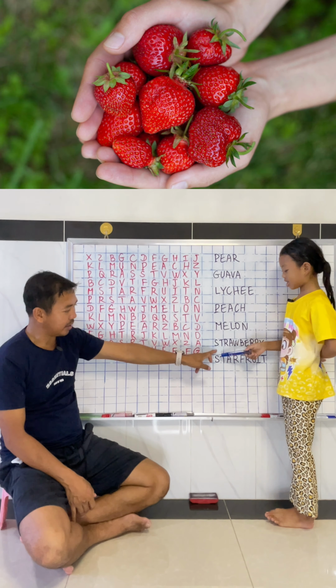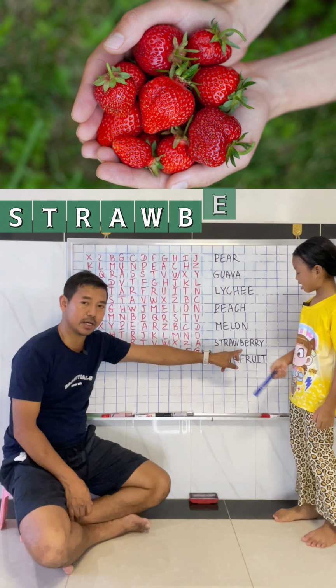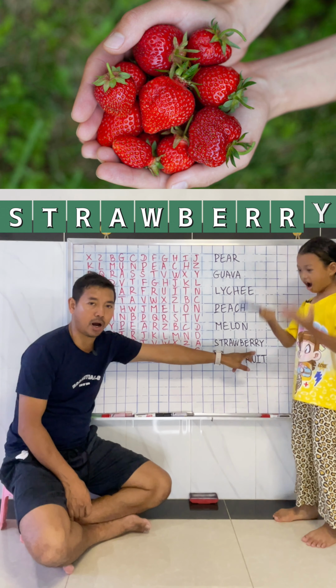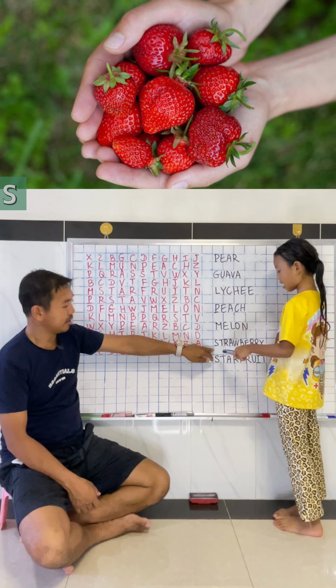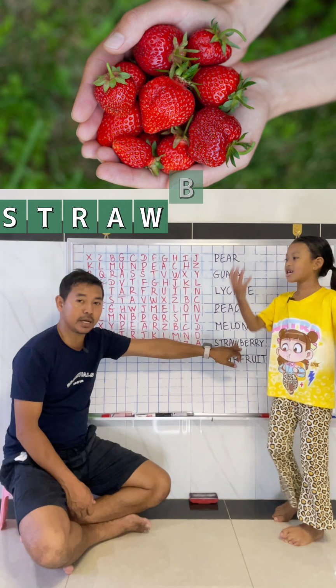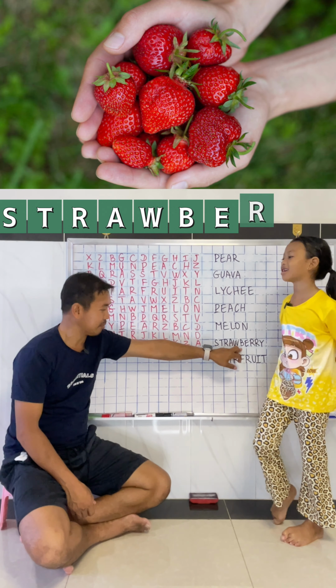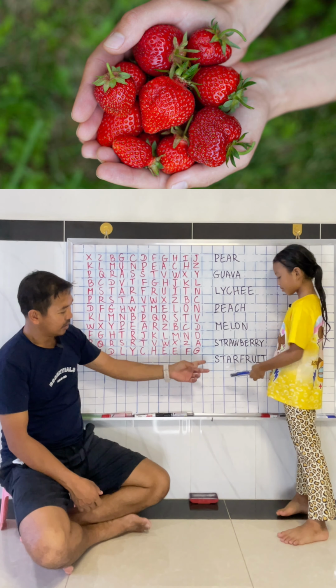Strawberry, S-T-R-A-W-B-E-R-R-Y. Again. Strawberry. S-T-R-A-W-B, B not E, B-E-R-R-Y. Again.